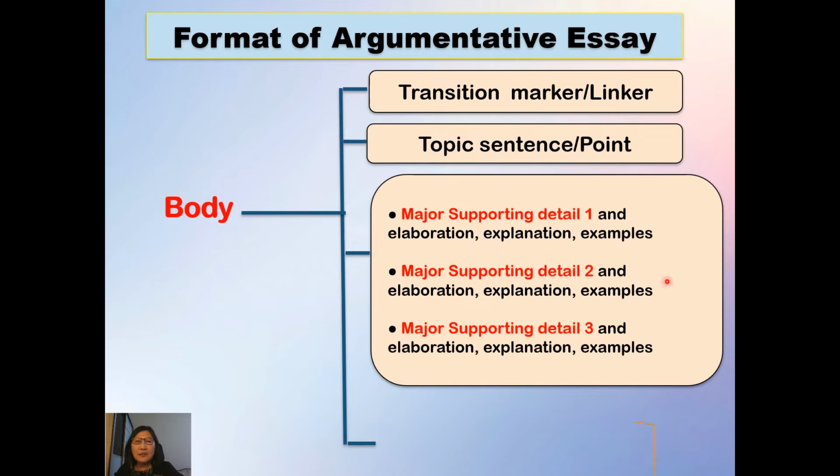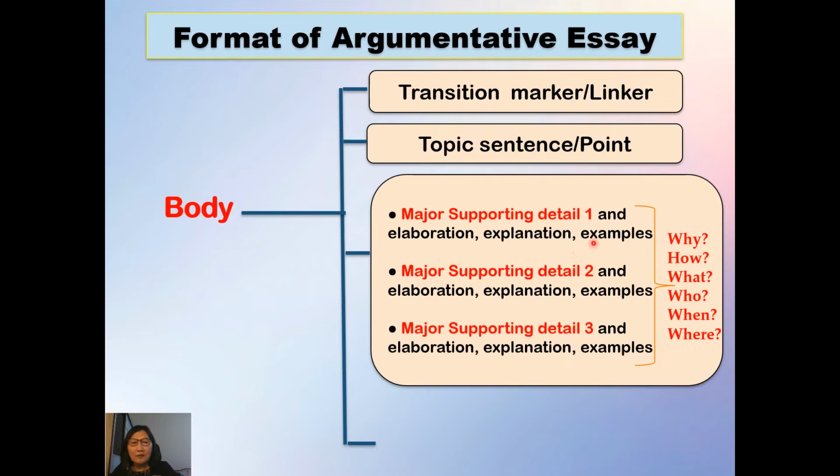And to do that, you can ask yourself these questions: why, how, what, who, when, where. It doesn't mean that you have to ask all the questions, but some of these questions are relevant to help you to develop your ideas, to help you elaborate, explain, and give examples.